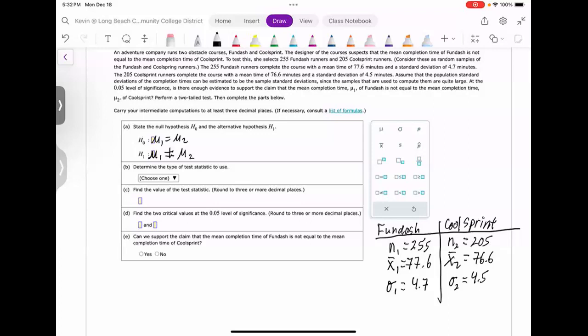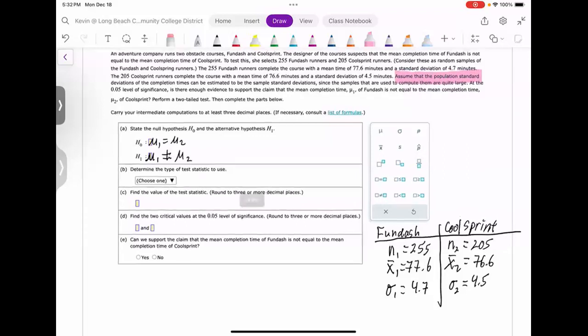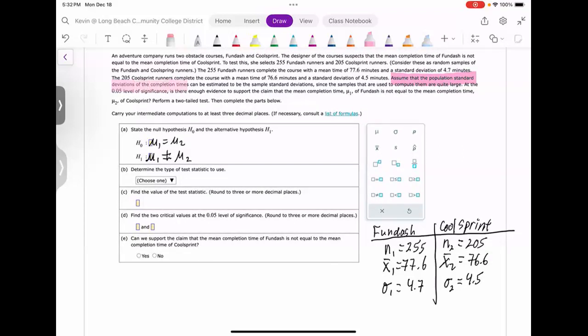Assume that the population standard deviations of the completion times can be estimated by the sample ones because the sample size is so large. And our alpha is going to be 0.05. Is there enough evidence to support a claim that they're different?